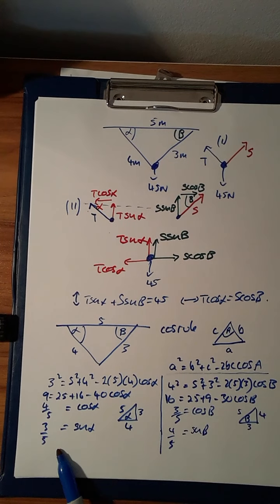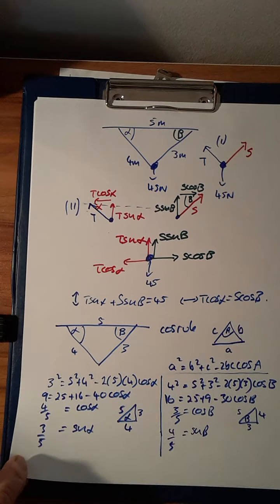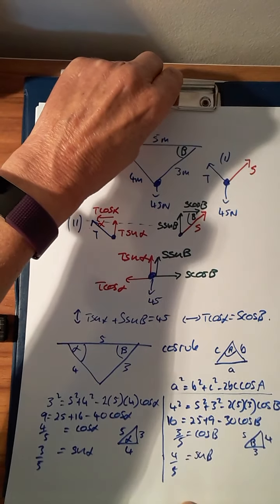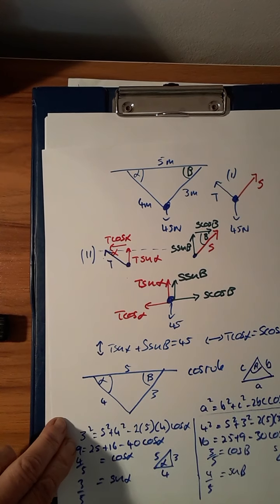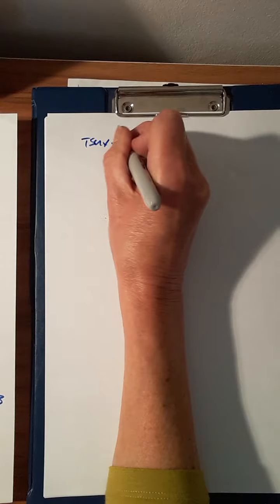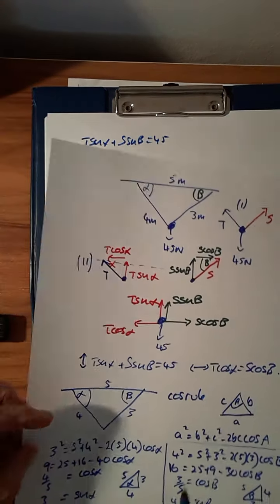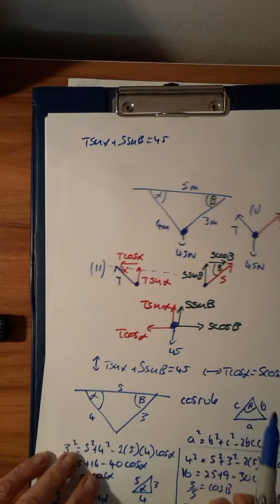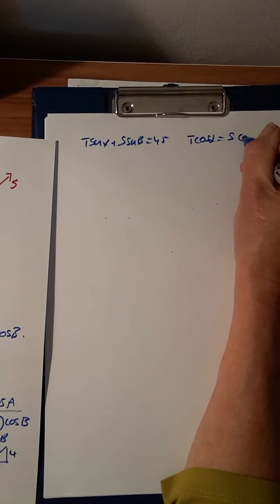Okay, so I'm going to use these values now, put them into these equations and solve for what I'm looking for. So I'm going to take this equation here, t sine alpha plus s sine beta equals 45, and the other equation was t cos alpha equals s cos beta. And of course I know all my values now.